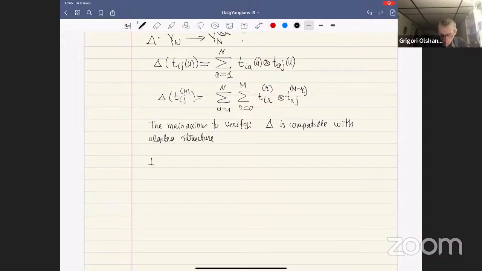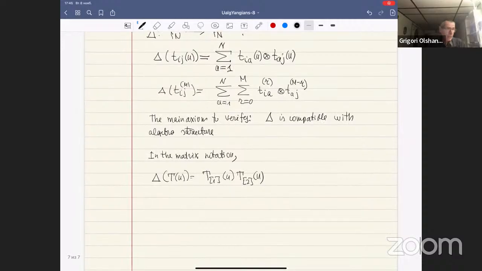In the matrix notation, we have this. What does this mean?